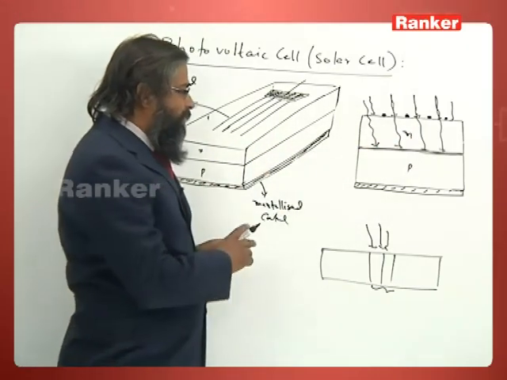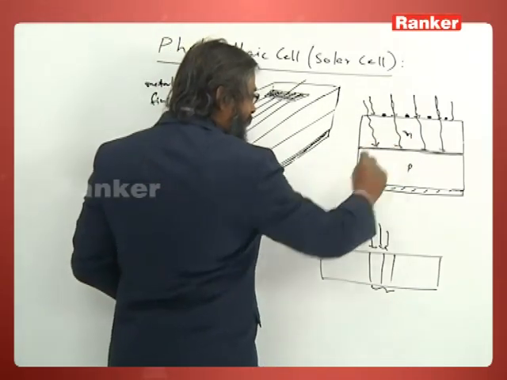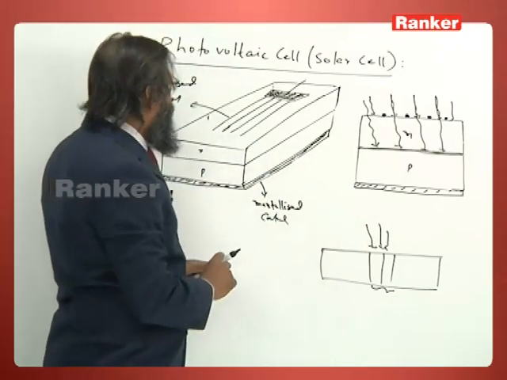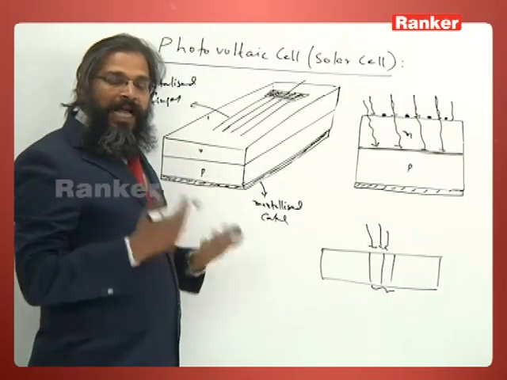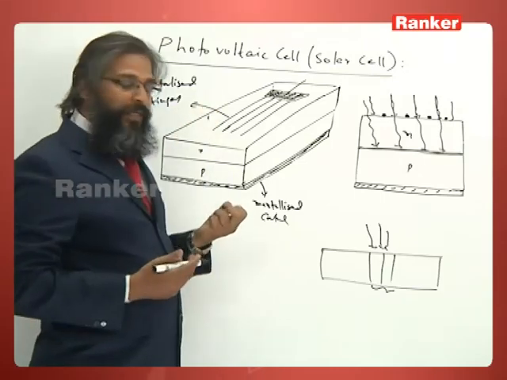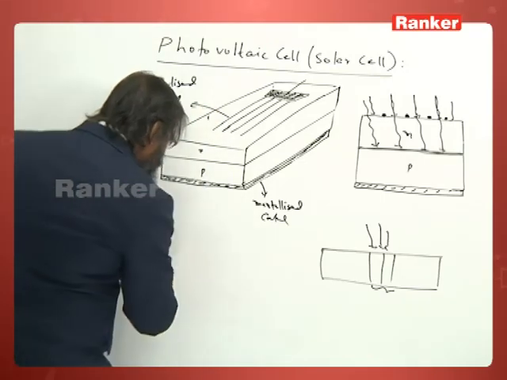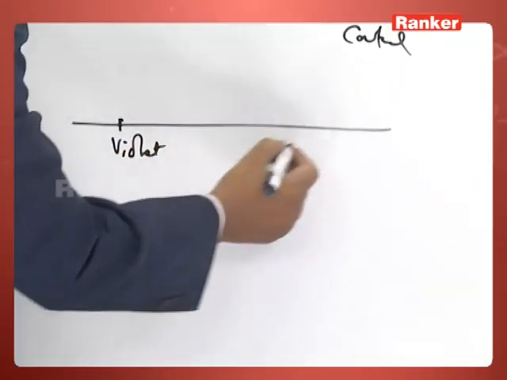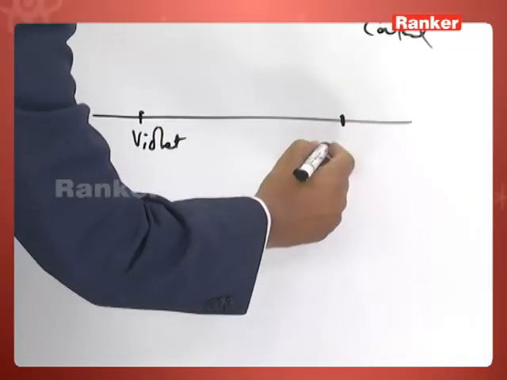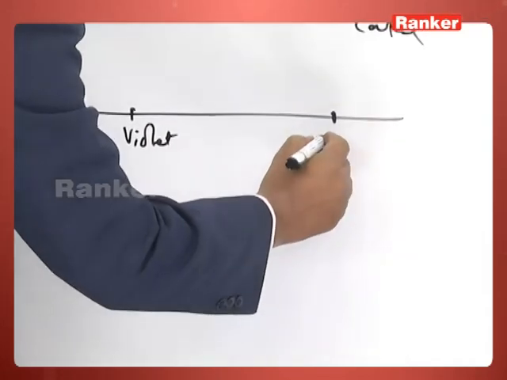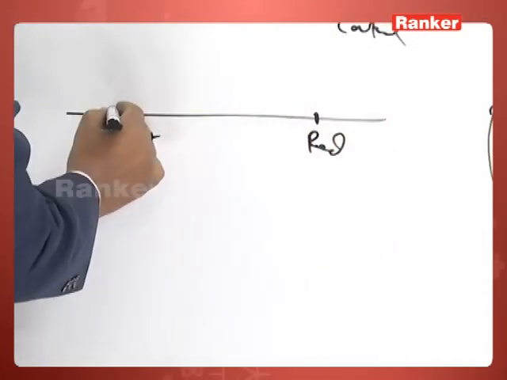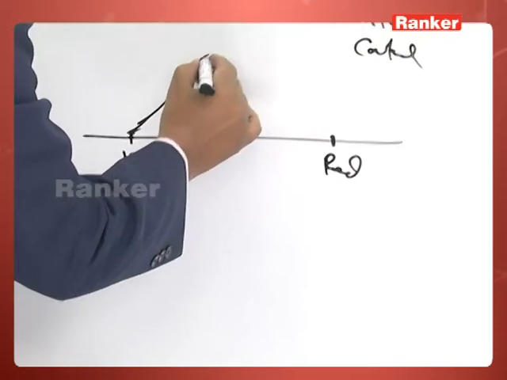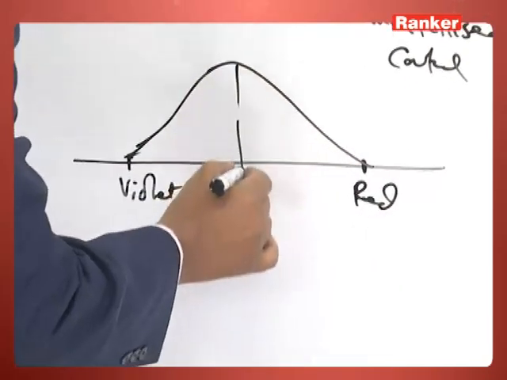Number one point is that the forbidden gap should match the light which has to be captured. So you see here, if this is violet and this is our red light, then this is the energy range we receive.